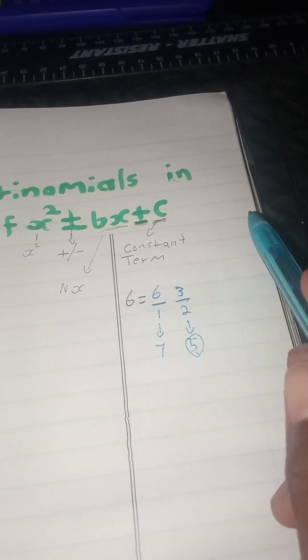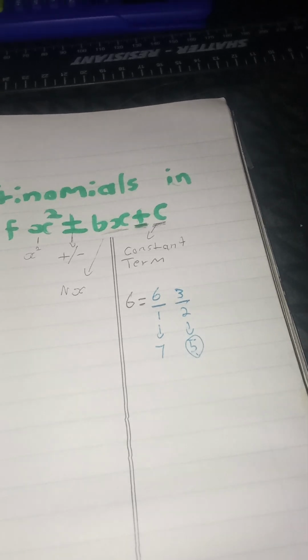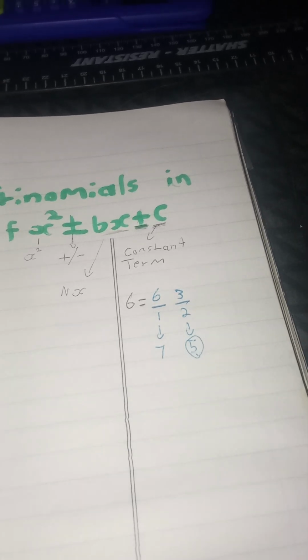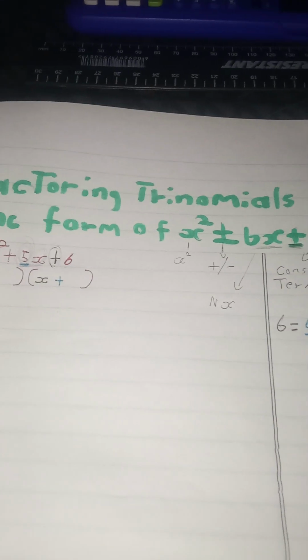So what you're going to do now is write the factors of 6 that give you 5x, and when you multiply them, they give you 6. We are going to write them inside the brackets.